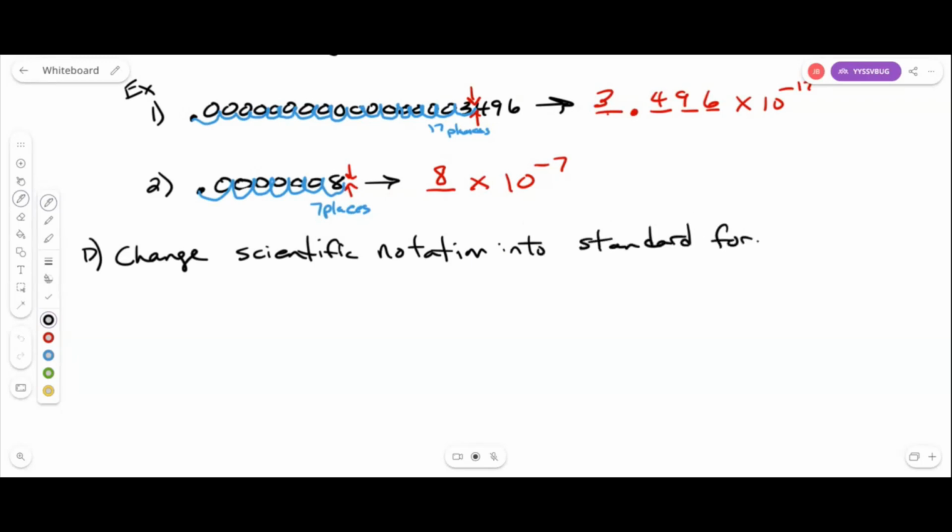We call the number in its regular form standard form. So now we're going to have a number already written in scientific notation. And we want to know, what is the number?